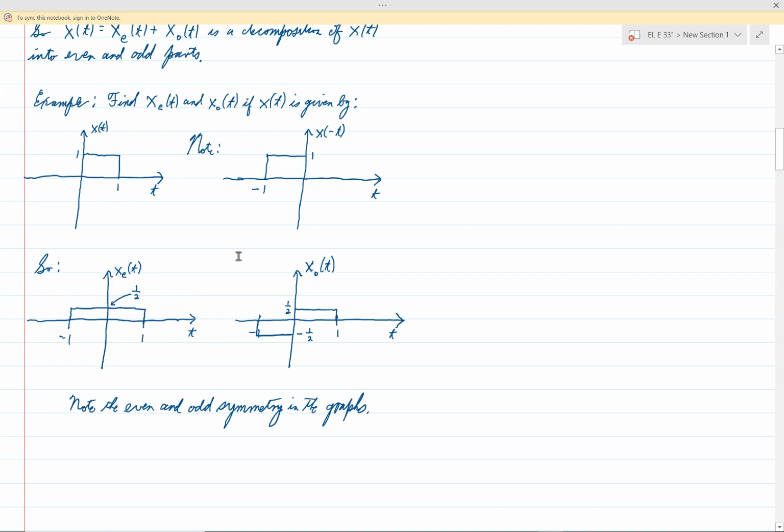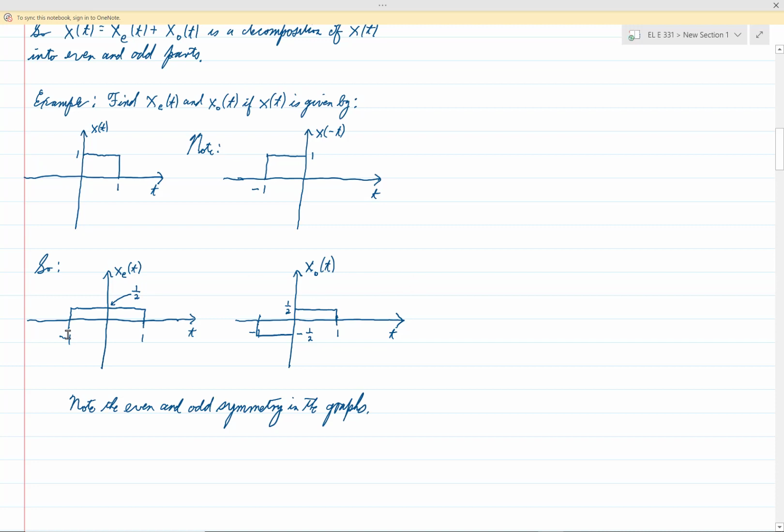And on the other hand, to get xo of t, we take 1/2 of the function on the left minus 1/2 of the function on the right, and we get this. And you can just see from the picture, xe of t is indeed an even function of t because it's symmetric about the vertical axis, and xo of t is indeed an odd function of t because it is antisymmetric about the vertical axis.